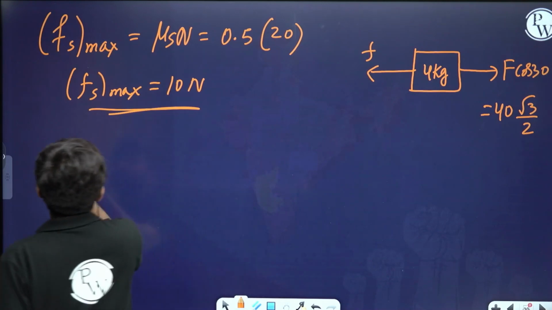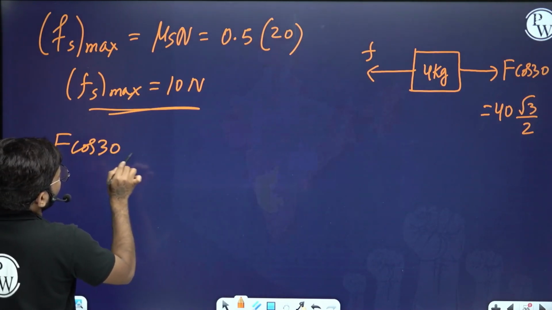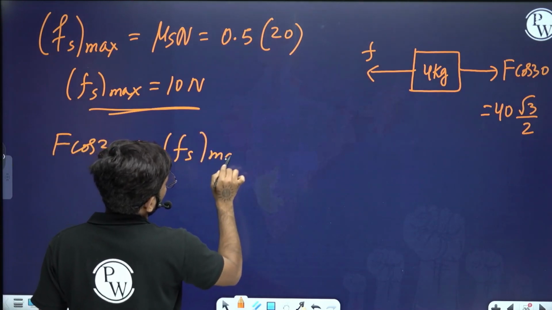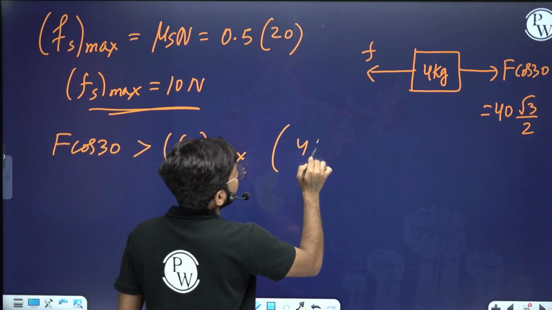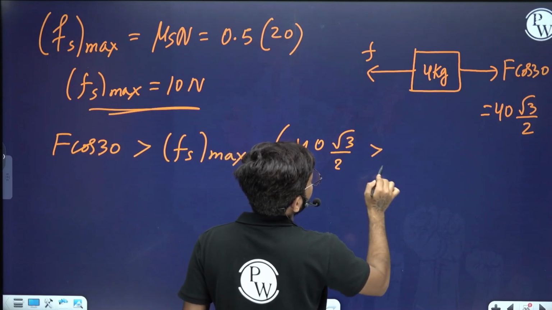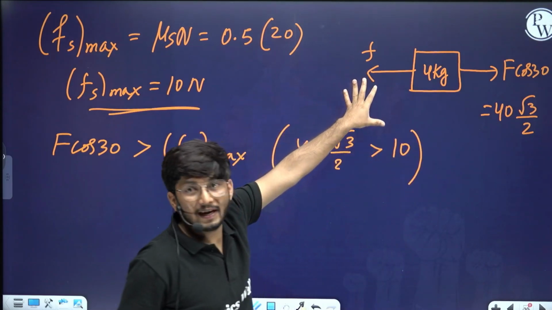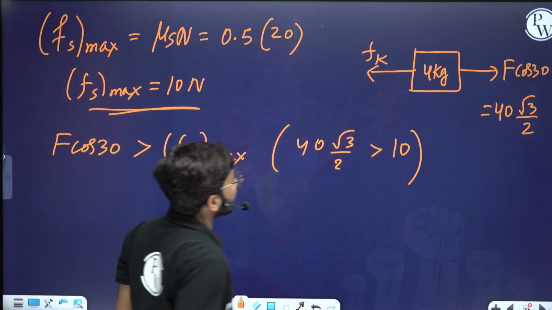So 40 root 3 by 2, or F cos 30, is greater than Fs max, correct? Because 40 root 3 by 2 is greater than this value 10. So the type of friction is going to be kinetic friction. There is going to be kinetic friction.